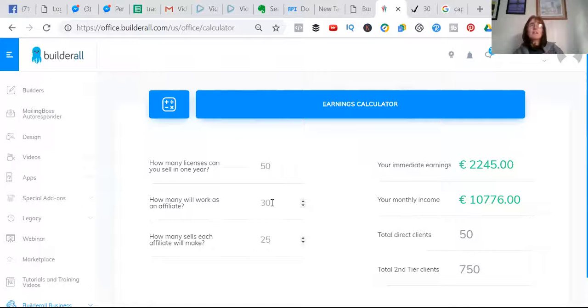And then you can go onto other platforms. Once you've got this one sussed, the next step is to go to the other platforms and get other programs that you can sell to other people to help them in their business. But the basic one, it's got 100 things in it. It's got lots of trainings, but that's what you can earn. And that's only with 30 who get 25.